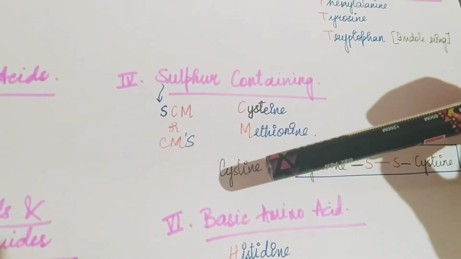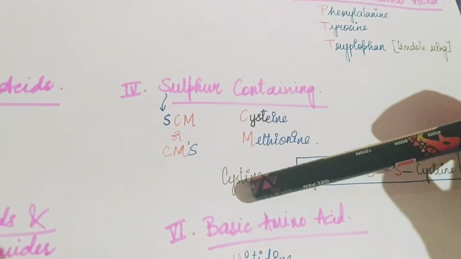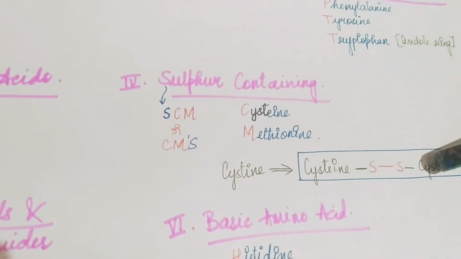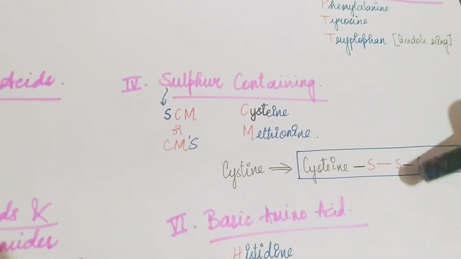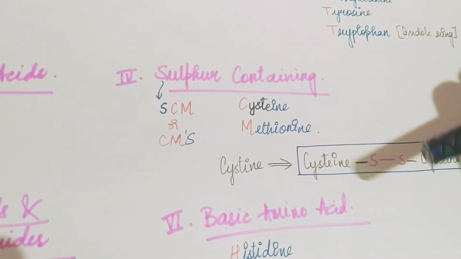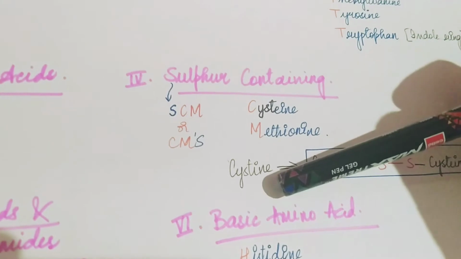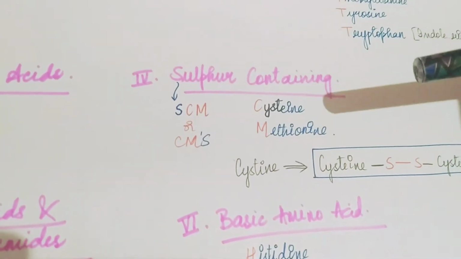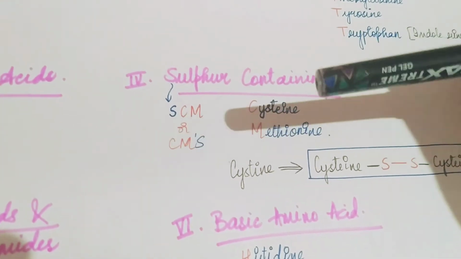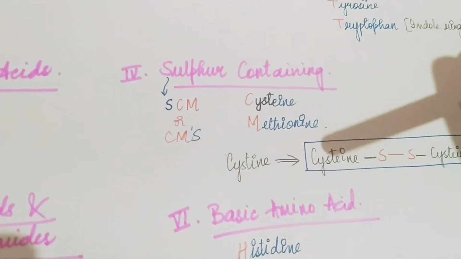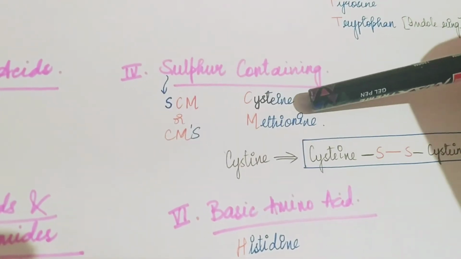It is also an amino acid which has sulfur in it, but it is formed by two sulfur containing amino acids joined by a disulfide bond. So it doesn't come under this classification. We just have 20 amino acids. Cystine is formed when 2 different cysteine molecules join by a disulfide linkage. So never say cystine when you mean cysteine.